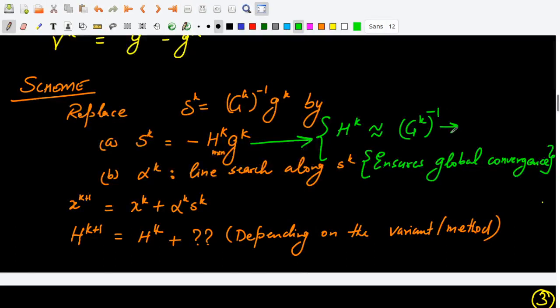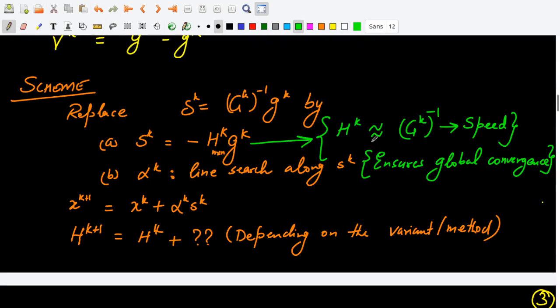And this is done for speed, because we know that Newton's method converges quadratically whenever it converges. So using this Hessian inverse is a good idea, but we should not directly use it because, one, it is difficult to compute the inverse of this big matrix, and second, this may not give us a descent direction if we just take Gk inverse.